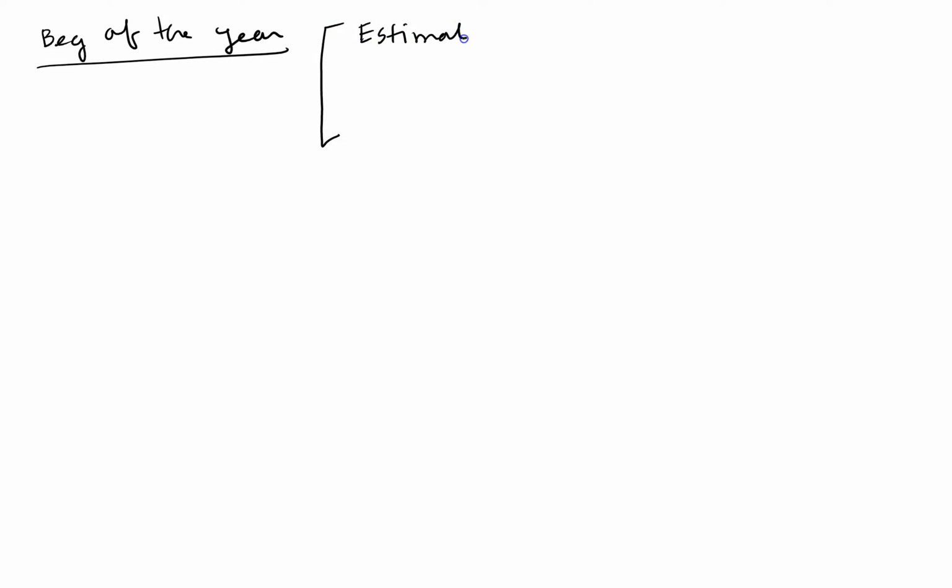All those estimated revenues, how much you are going to collect through different types of taxes or any type of fees or penalties, these will be your estimated revenues that you have to debit. On the credit side, you have to show how you're going to use those revenues or those sources of funds.